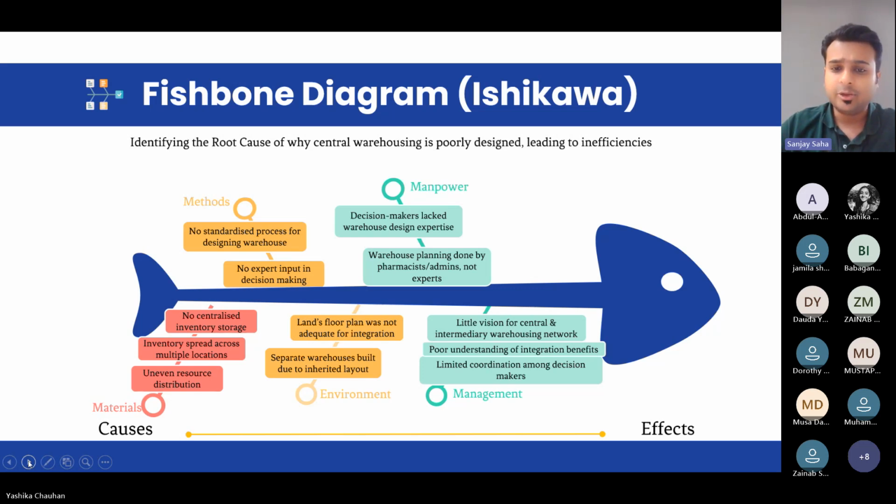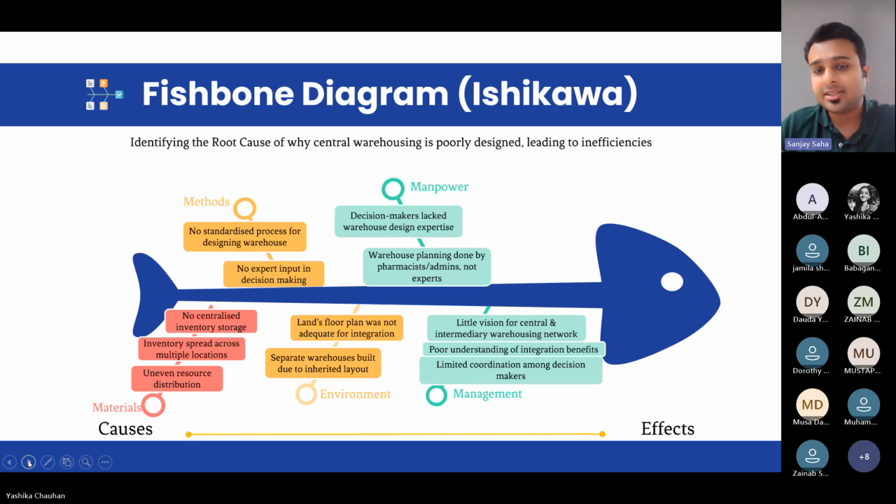Very quickly, the way a fishbone diagram is organized is that we look at causes and effects from left to right. As we go down towards the right hand side of the fish skeleton, we look for the effect, and as we move to the left of the diagram, those are the causes.